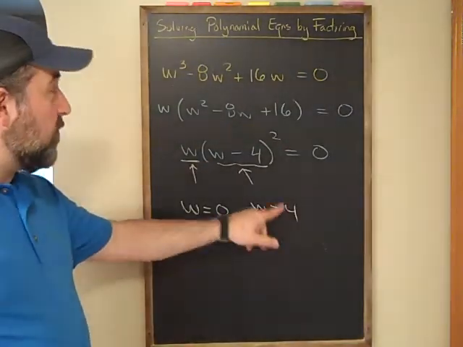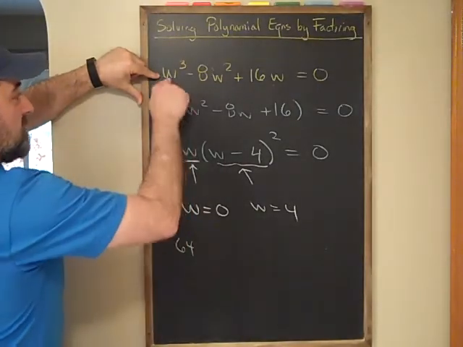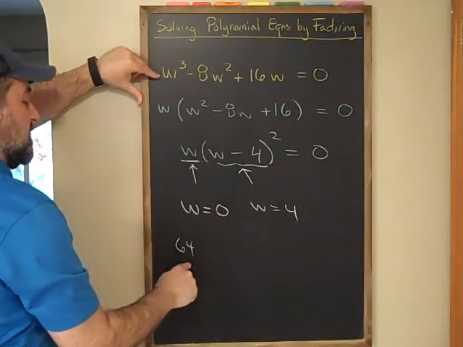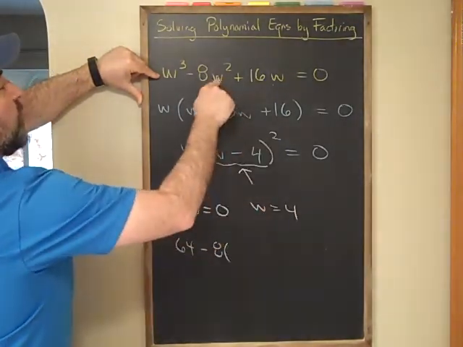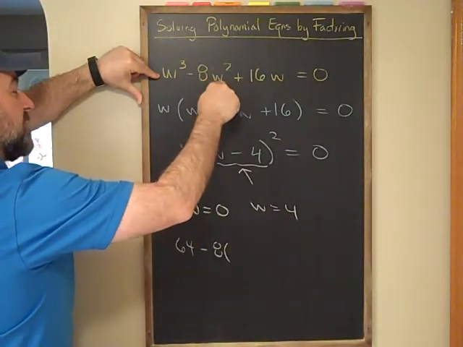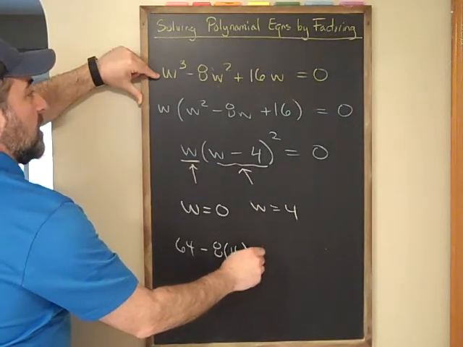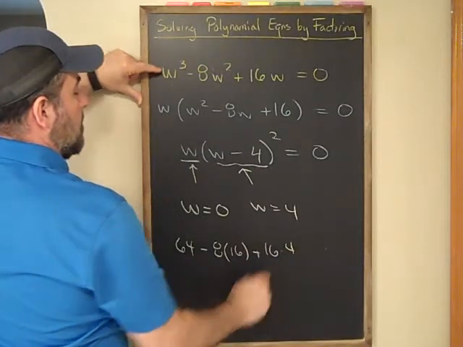If you put in the 4, you'll end up getting 64, because when w is 4, w cubed, 4 cubed, is 64, minus 8 times w squared, which is 8 times 4 squared, which is going to be 8 times 16, plus 16 times 4.